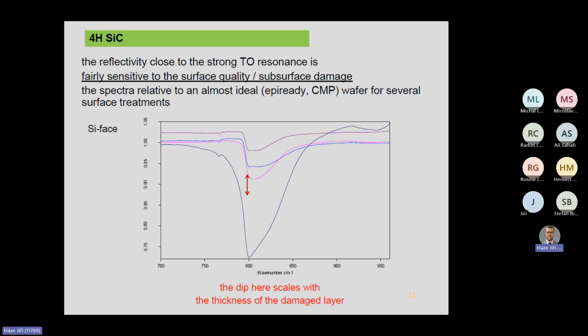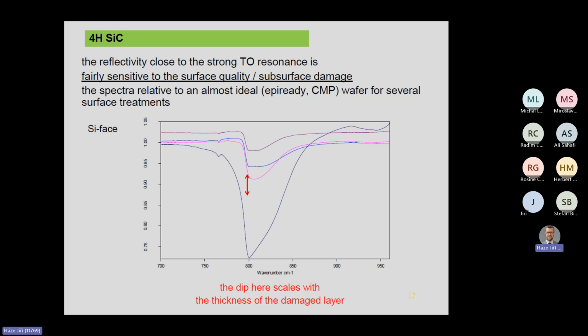Here we have several spectra of relative reflectivity. It was taken as the ratio between the reflected light from several samples and the light reflected from a very good epitaxial surface.